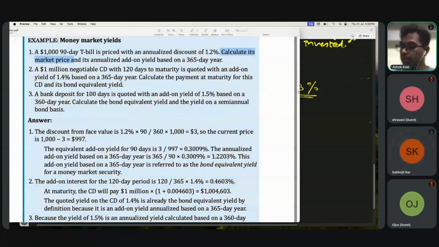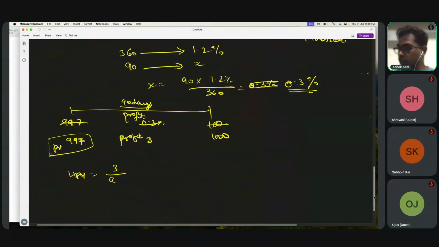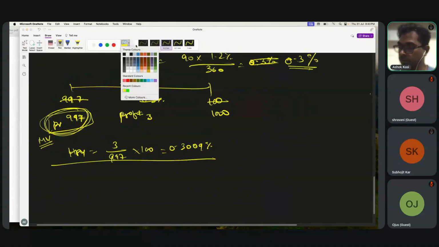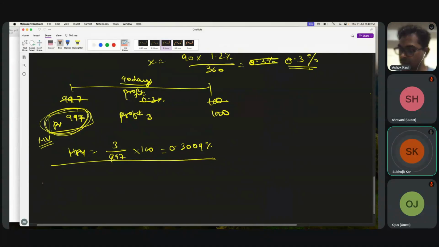Next one, annualized add-on. Add-on means what? Based on the present value. See, annualized add-on yield based on 365-day year is equal to bond equivalent yield. Both are same.